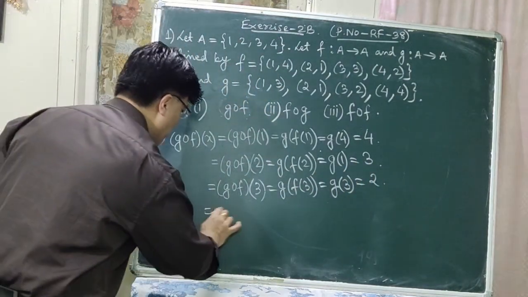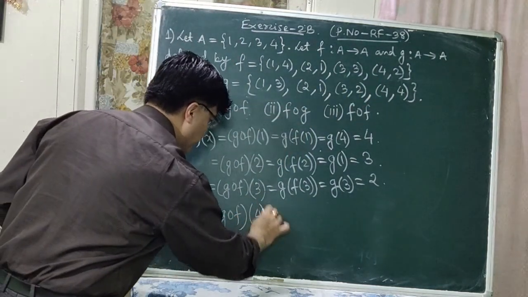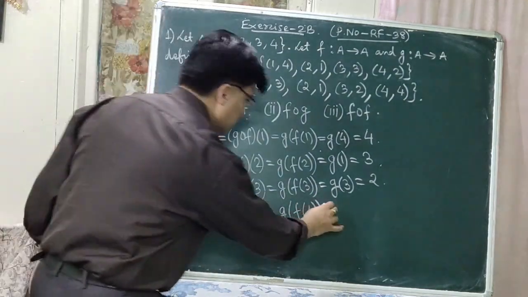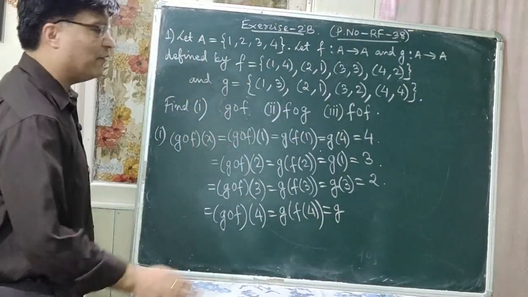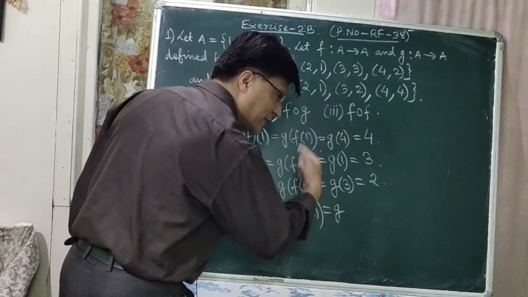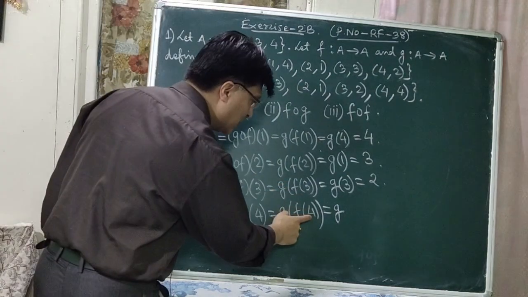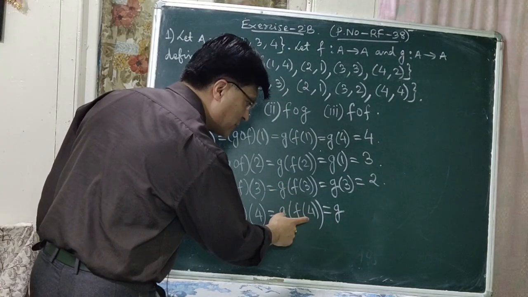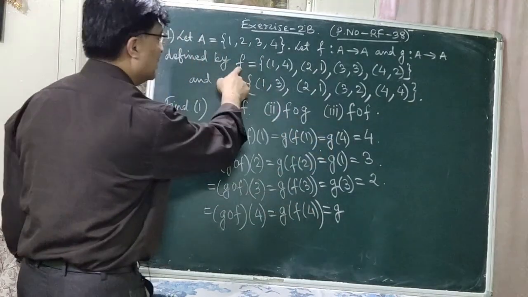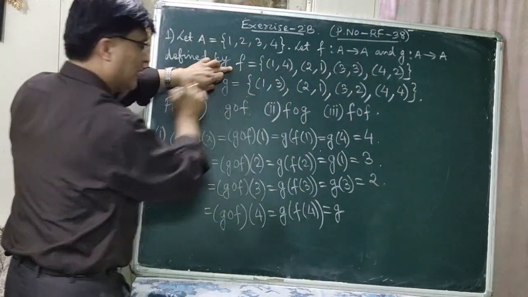So similarly, what is gof of 4? It is defined as g of f of 4, which is equal to g of, within bracket, f of 4. To which element does this 4 relate under f? 4 relates with 2 under f, isn't it?